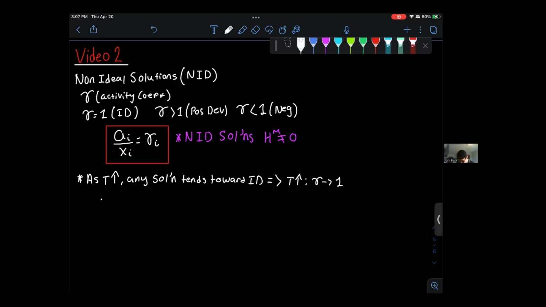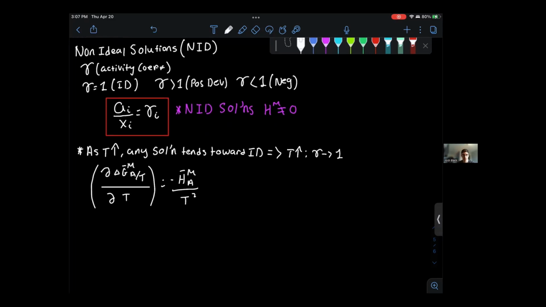We're going to set it up just like before. The derivative of the molar Gibbs free energy of mixing of A divided by temperature, taking the derivative of that with respect to temperature, is equal to the partial molar enthalpy divided by T squared. Before we get into things, we can make this look a little nicer.